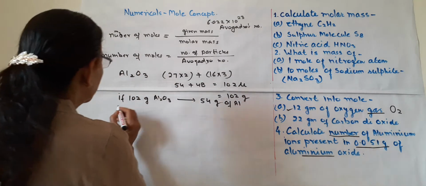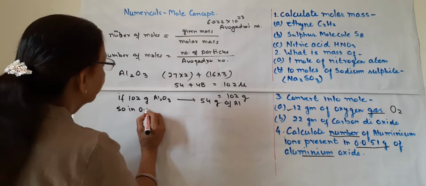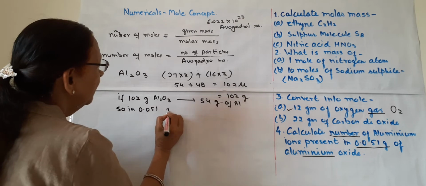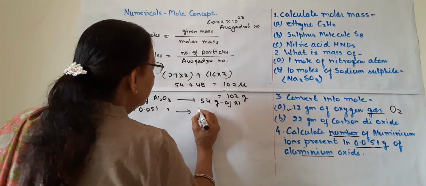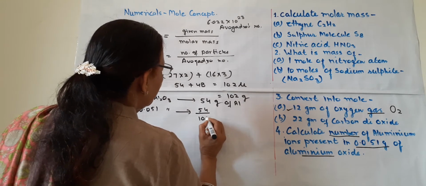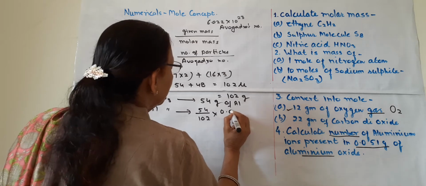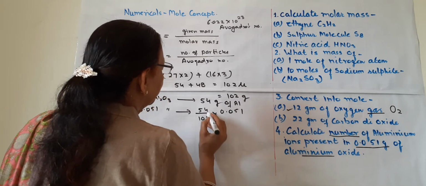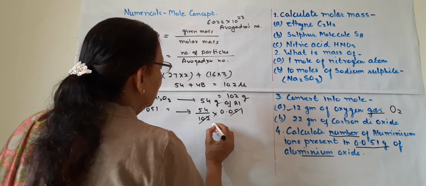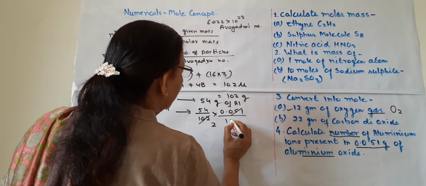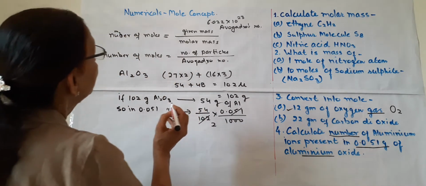0.051. So in 0.051 aluminium oxide, how much aluminium will be present? 54 upon 102 into 0.051, and this is 2. Here we will write 1000, and this will be cancelled.